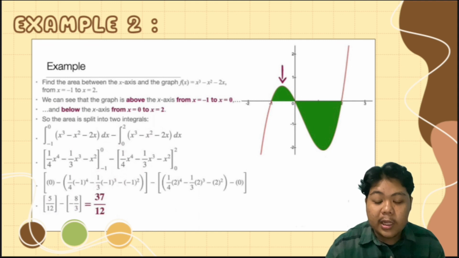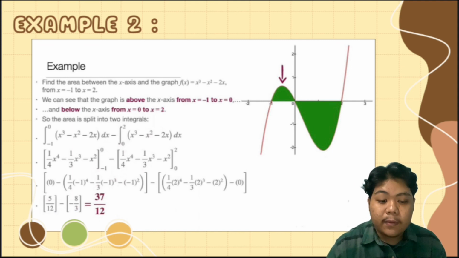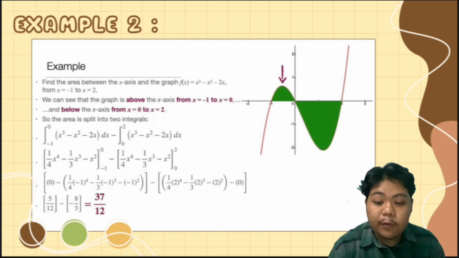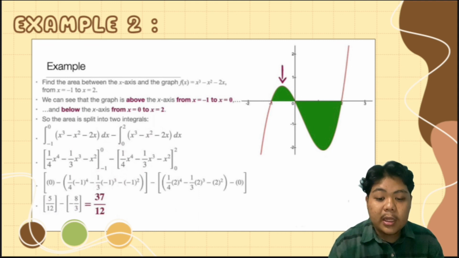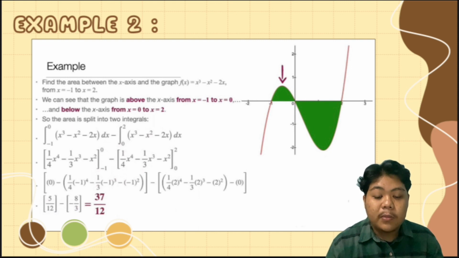Then substitute 0 and -1 into the x. If it's 0, then the answer will be 0, and then substituting -1 into the x, we will get 1 over 4 times (-1) to the power of 4 minus 1 over 3 times (-1) cubed minus (-1) squared.